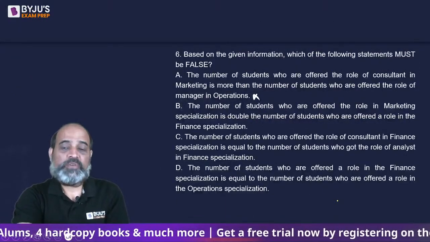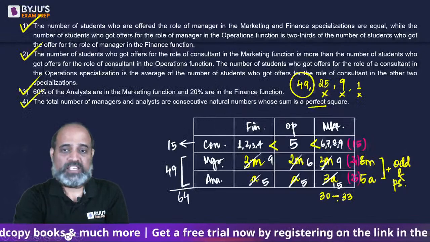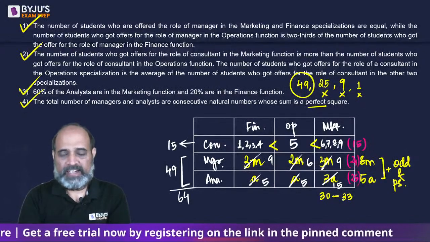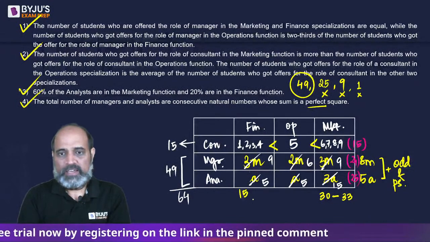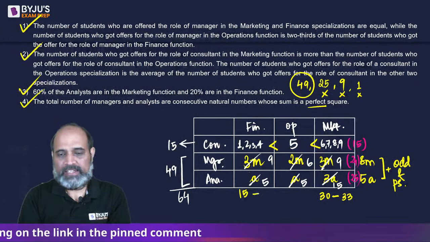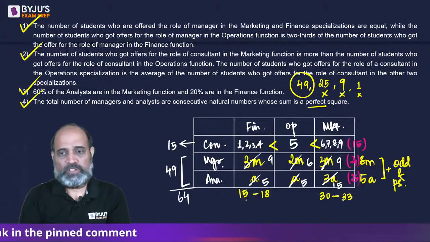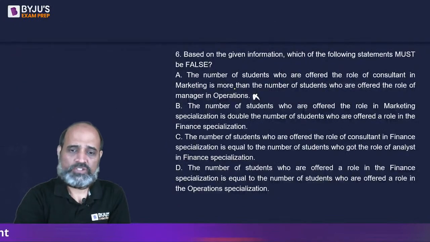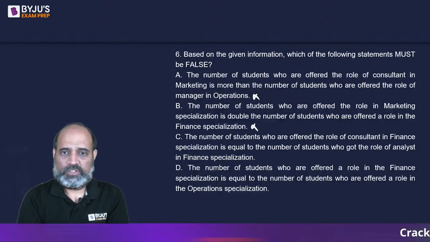It is double the number of students who are offered the role in finance specialization. Finance means first column. So we will have 9, 10 plus 5, 15, and from 15 up to 18. Very much possible. Double of 15 is 30. Right? So this is of course also not false.